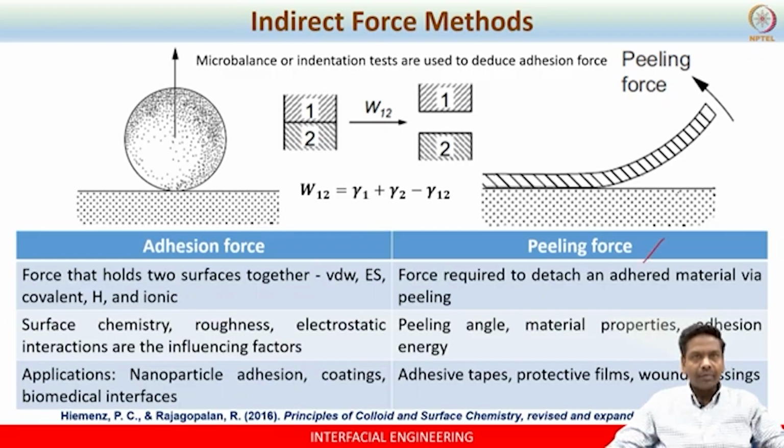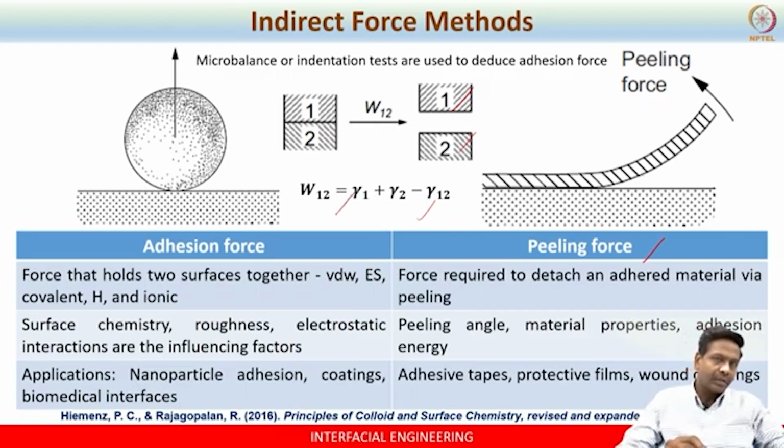Remember, we have looked at the adhesion force, work of adhesion and work of cohesion during module 2, where we showed that by computing the surface energy of block A and surface energy of block B and subtracting the interfacial energy of blocks A and B, you will be able to compute the work of adhesion, which is expressed in the form of energy per unit area, joule per meter square. So we have looked at this during module 2.